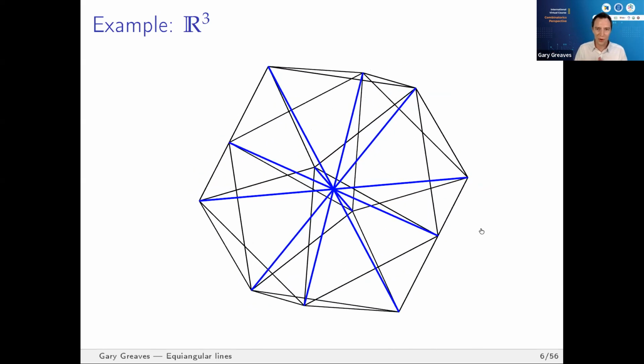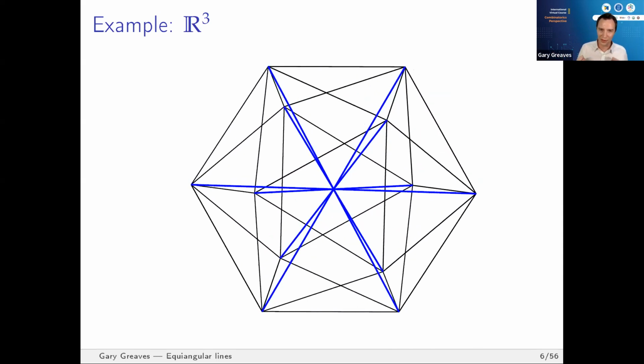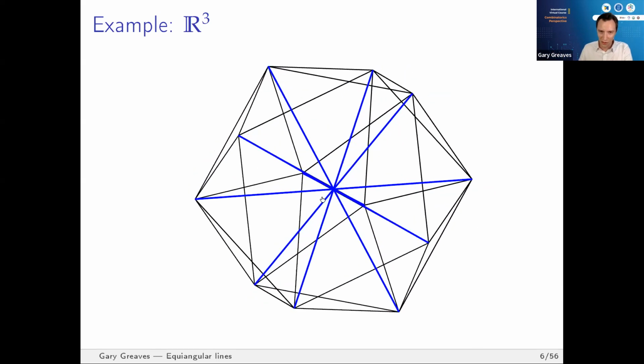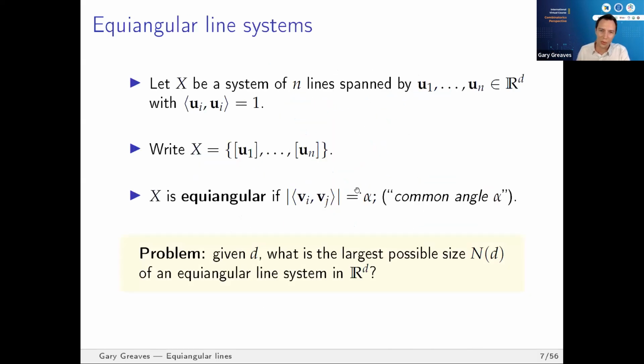Okay, so far we've seen how to get 3 equiangular lines in 2 dimensions, 6 equiangular lines in 3 dimensions. And hopefully we have some intuitive idea of equiangular lines themselves. So now we'll look at a more formal definition of an equiangular line system.